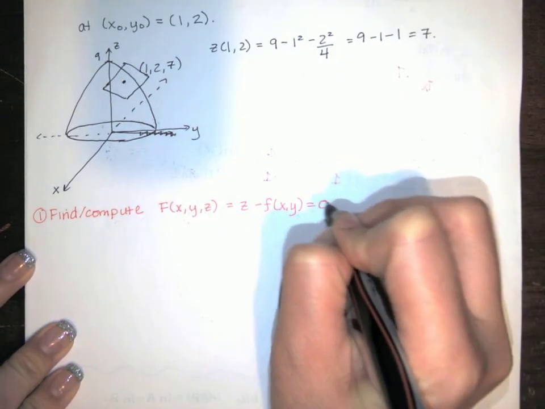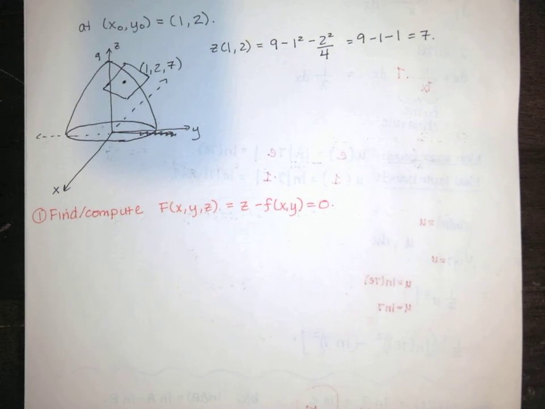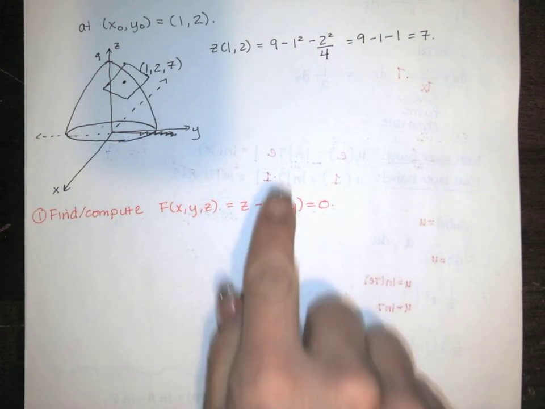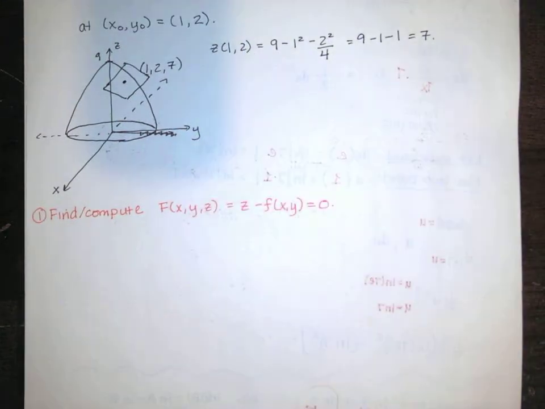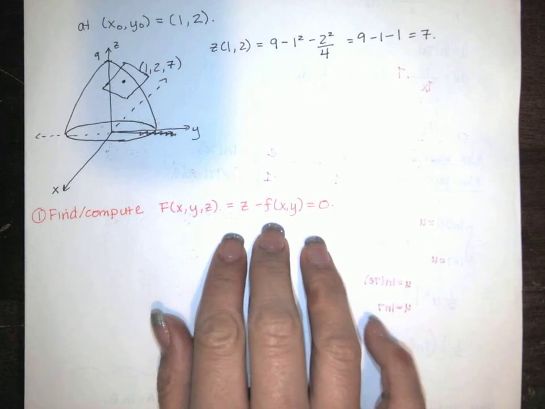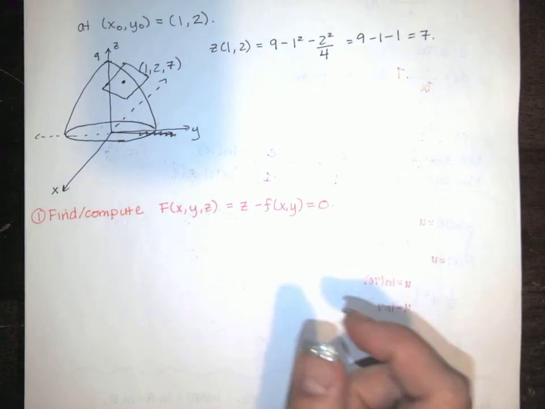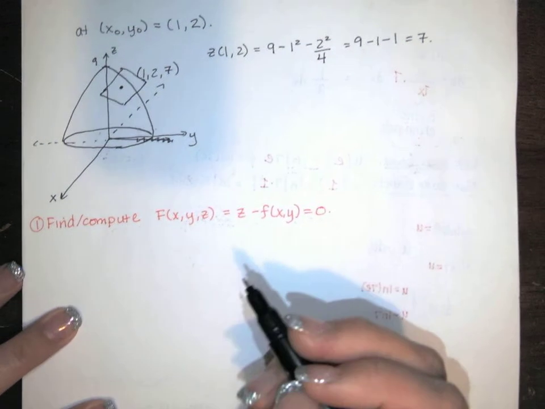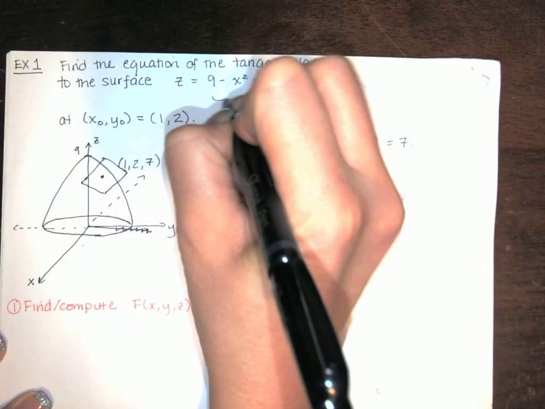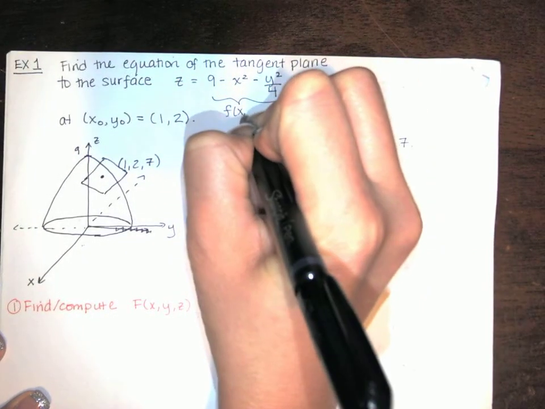Of course, we're talking about a level surface of this function of 3 variables. If I rearrange z equals f of x, y this way, I get z minus f of x, y equals 0.